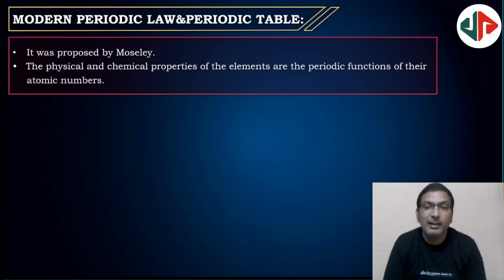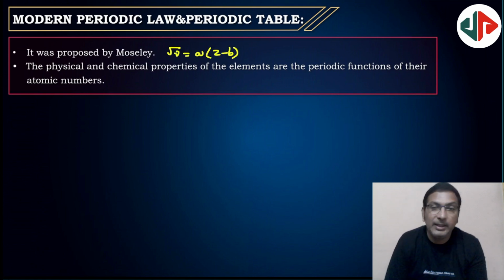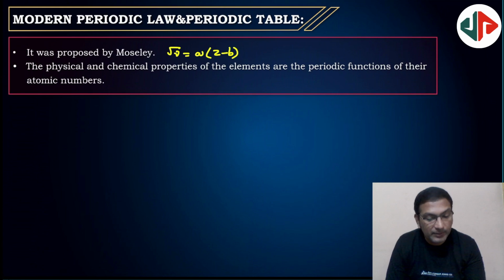Modern periodic law and periodic table. Modern periodic law was given by Moseley based on Moseley's relation, root nu equal to A into Z minus B. So according to Moseley, fundamental property of elements is atomic number but not atomic weight. So from this we can say physical and chemical properties of elements are periodic functions of their atomic numbers.